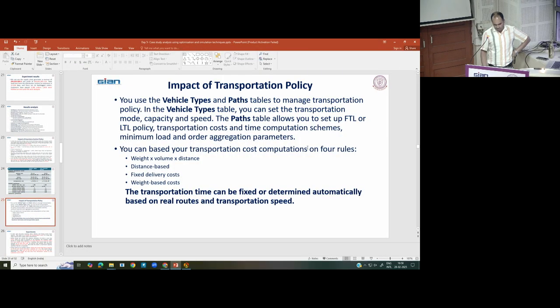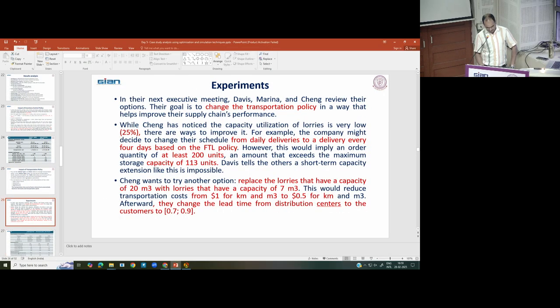Now they want to change the transportation policy. Instead of those big trucks from the distribution center to the customers, they want to make some changes there. The paths table will allow you to set FTL or LTL policies. So they changed the transportation policies.